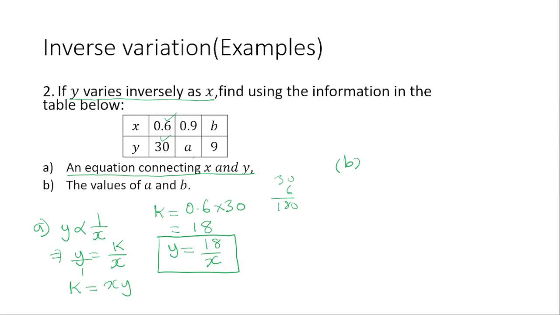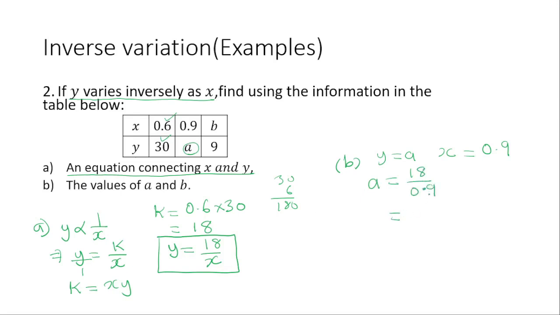So we'll start with a. y is equal to a in this case, and when y is equal to a, x will be equal to 0.9. So we substitute these values in the given equation. Where there is y, we put a. Where there is x, we're going to put 0.9.